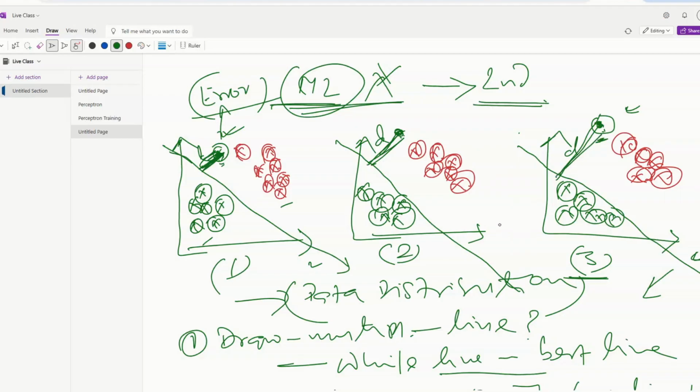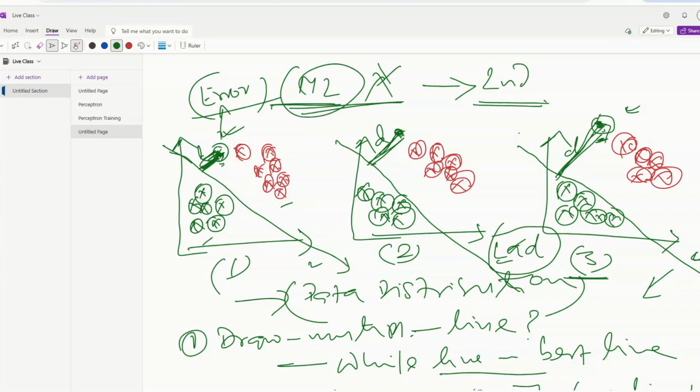According to the hinge loss function, I just established the concept that the loss L is directly proportional to d. What do you mean by that? If the distance is more, then your loss will be more.